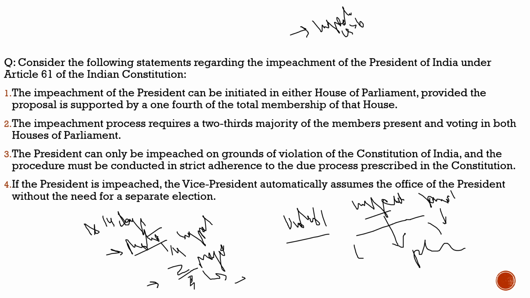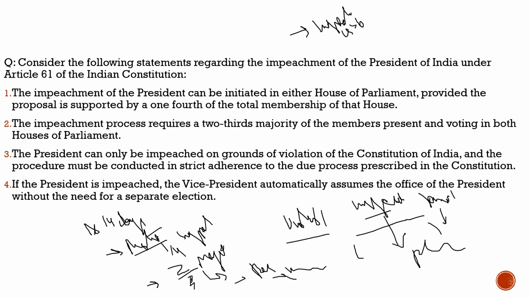And in the other house, what will happen? There would be a discussion over the impeachment, and an investigation will start. For example, if it started in the Lok Sabha, in the Rajya Sabha it will be taken up and the investigation will start.